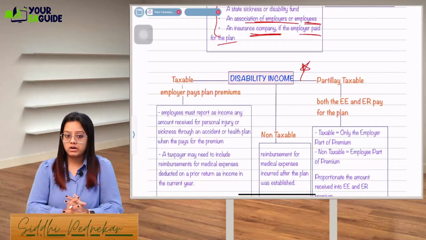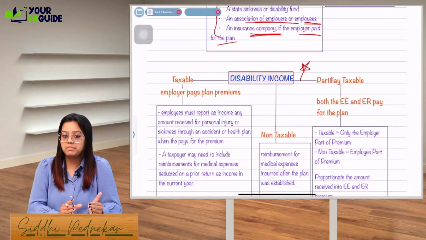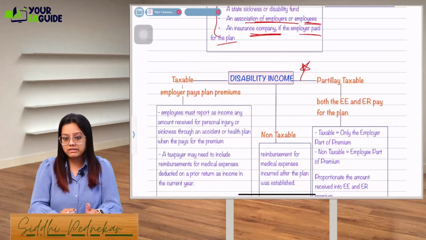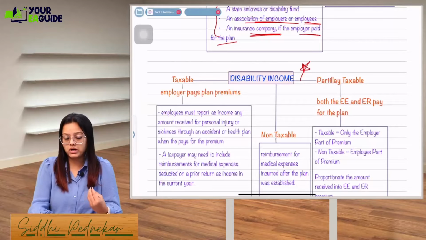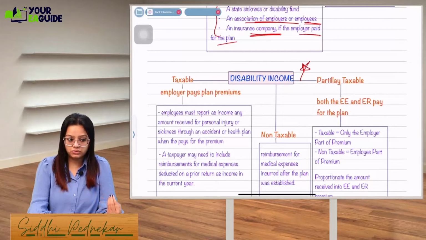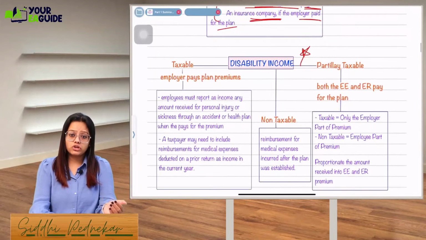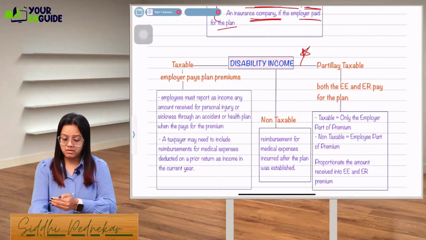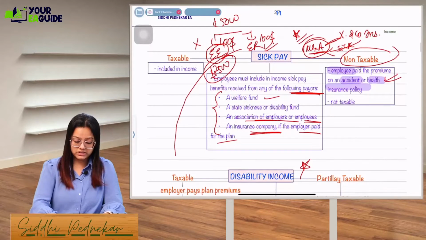Disability income means, let's say the person has become disabled due to any reason, for example a worker working in a factory or manufacturing unit who became disabled due to work conditions. When he receives the disability income, the same treatment we saw in sick pay will apply.